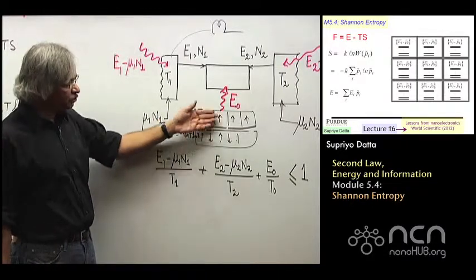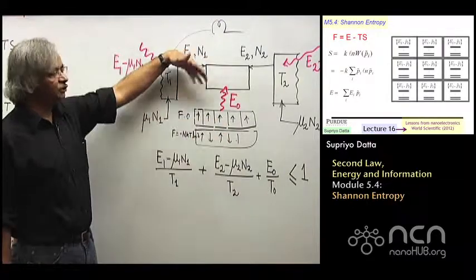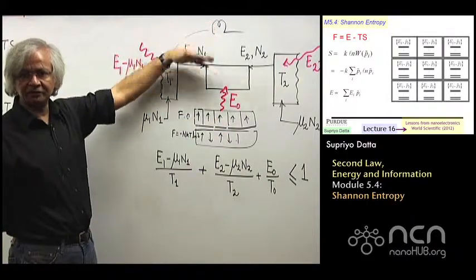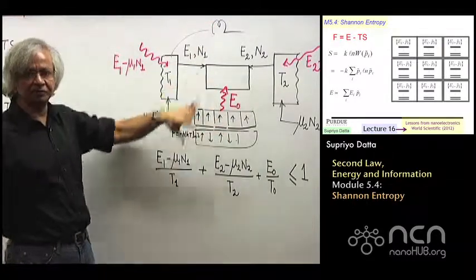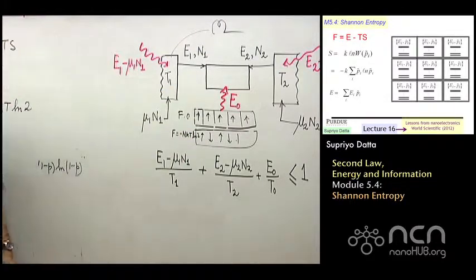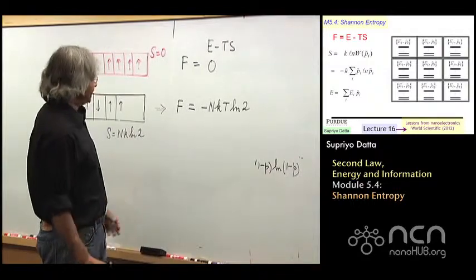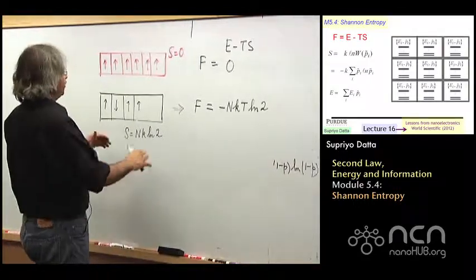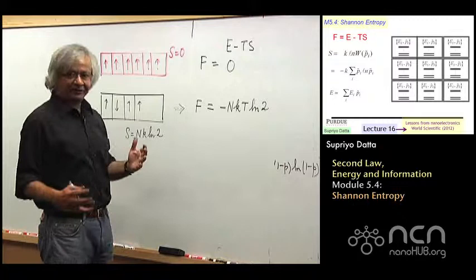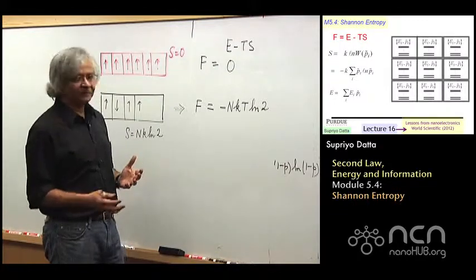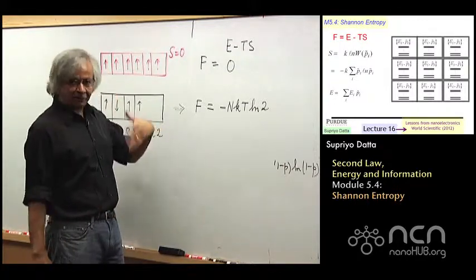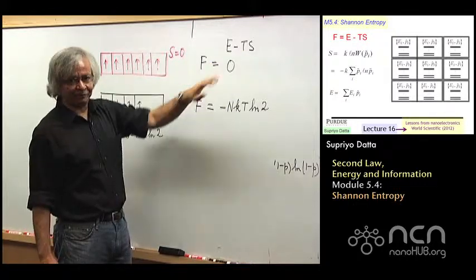And then you're using that information to actually extract useful work from it. So it kind of shows how you can convert information to work. And what I'd like to argue, and that's what we'll talk about in the next module, is that if you use Shannon's entropy, which is a measure of the information, and you multiply it by k, you get the regular entropy.